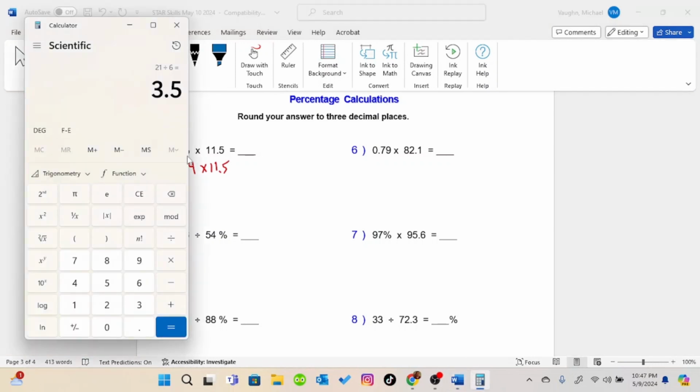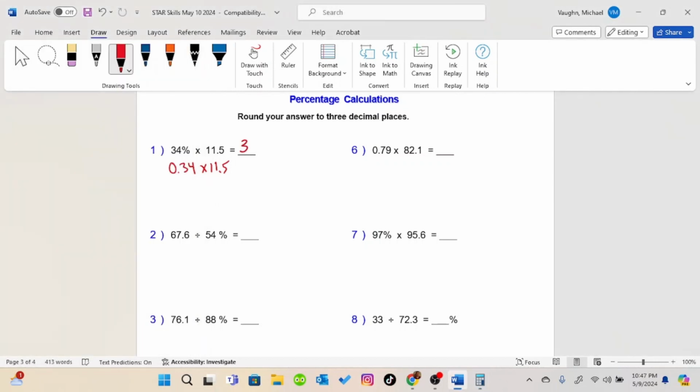Now we can put that in a calculator. 0.34 times 11.5, and the answer is 3.91. Remember that to change a percentage to a decimal, we're going to move the decimal point to the left 2 spots.